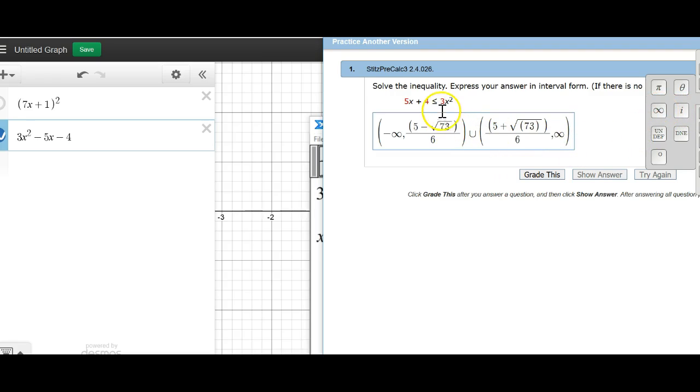Now, since it was less than or equal to, I need to include my endpoints. So I made a mistake, so I'm going to highlight this.